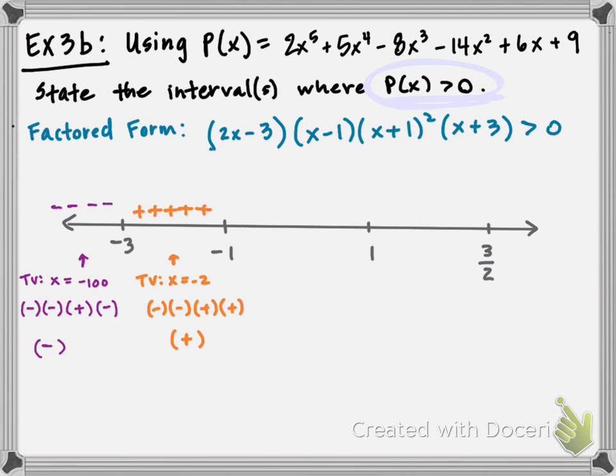Now, going to the next region, I'm going to pick a test value in here. Let x equal 0, because 0 is somewhere between negative 1 and 1. Plug in 0 to each of these factors, and let's see what we get. 0 times 2 is 0, but minus 3 means there's a negative. 0 minus 1 means there's a negative. 0 plus 1, quantity squared, means we're dealing with a positive.